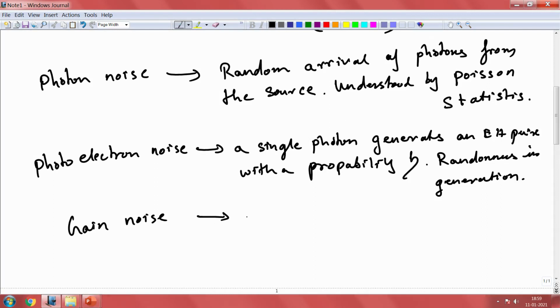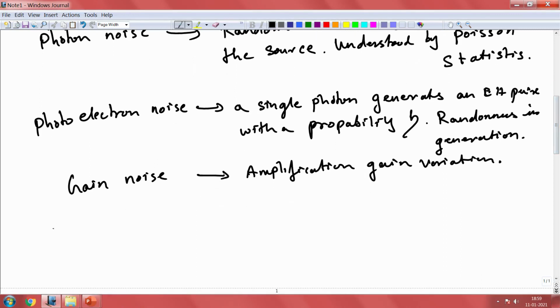This is for the avalanche photodetectors: amplification gain variation. And then finally receiver circuit noise.